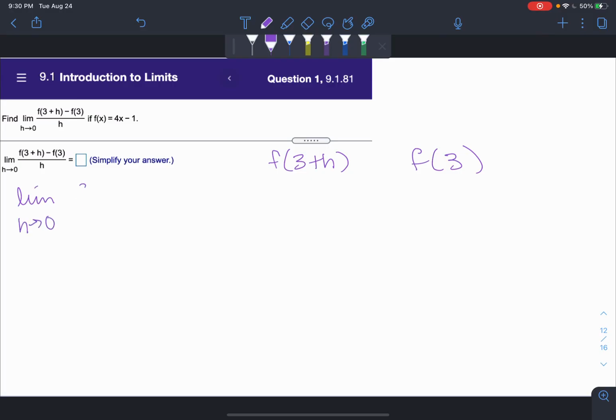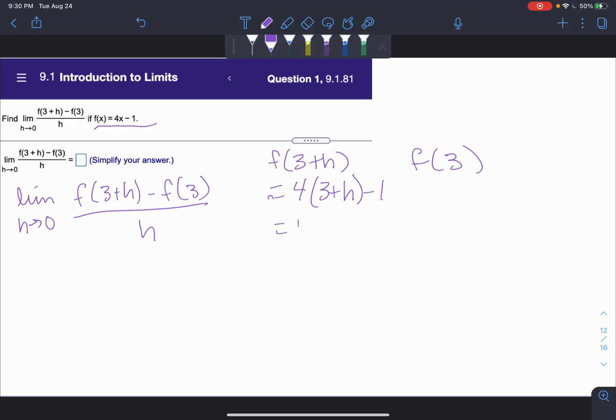So h goes to 0, f of 3 plus h minus f of 3 over h. For my f of 3 plus h, remember that our f of x is this, so I'm going to plug in 3 plus h wherever I see x. And so I get 12 plus 4h minus 1, and so I get 11 plus 4h.